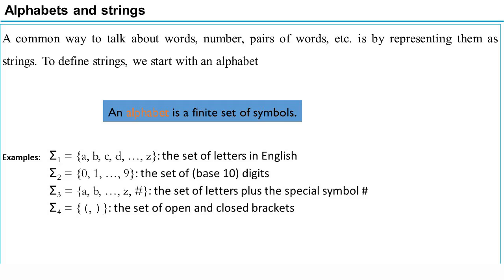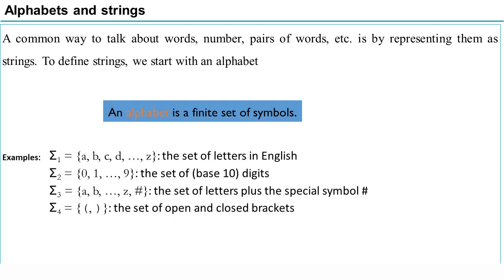An alphabet is a finite set of symbols. We have given many examples: the set of letters in English, the set of base 10 digits, the set of letters plus special symbols, the set of open and closed braces. All these are alphabets with a finite set of symbols.